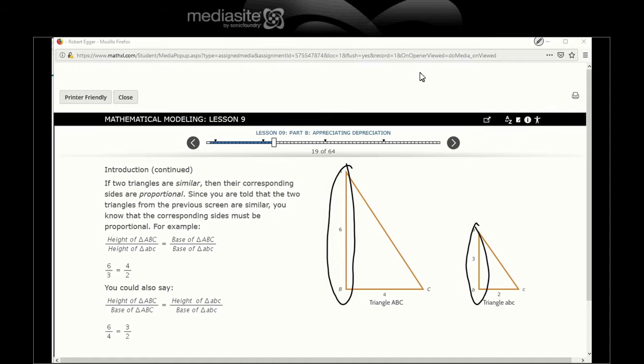They're both sides opposite the angle that's described by big C and little c. These two sides are similar or proportional. Those sides are proportional because they're opposite the same angle, be it 90 degrees, 80 degrees, whatever.